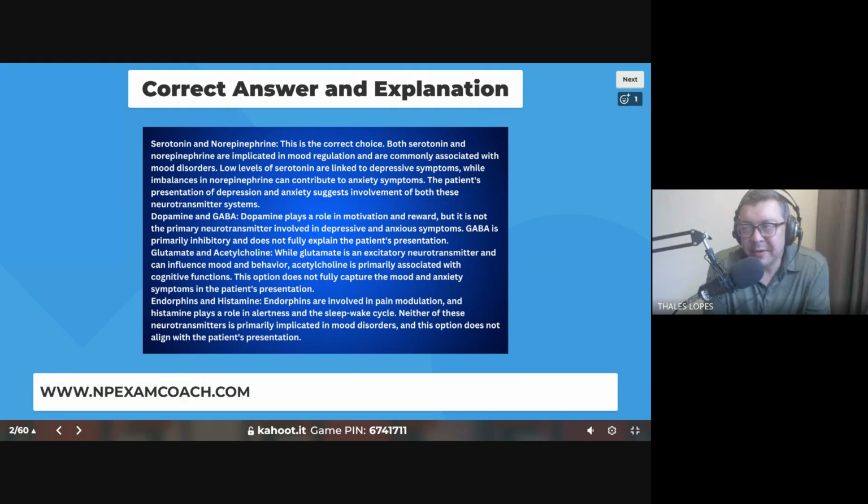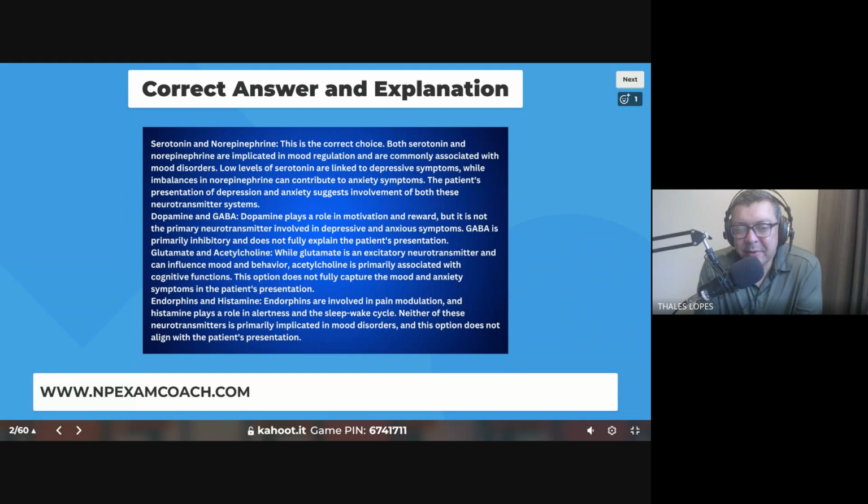Now think of GABA, right? GABA also has to do with anxiety. If you have a very low GABA, you could be more anxious. But if you have a high GABA, you'd be slow and relaxed. Dopamine: if you think about dopamine, I like to think about rewards, motivation.